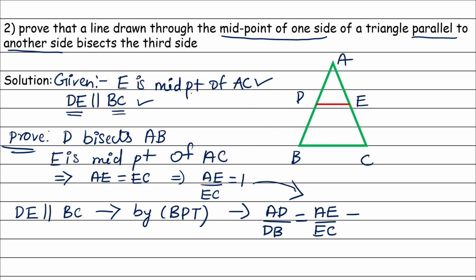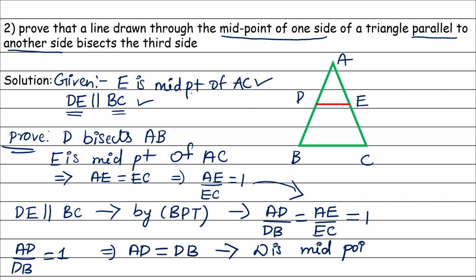So AD by DB is also equal to 1. Since AD by DB is equal to 1, we get AD is equal to DB, which implies D is the midpoint of AB. Hence proved.